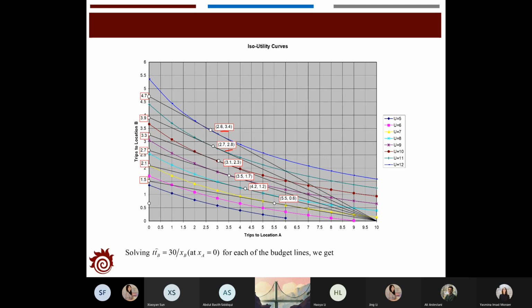With that, we can quickly find the value of TTB with this equation, 30 divided by XB, at the point XA equal to 0, which would be all these intercepts. So we quickly find the value of TTB, and then we know the value of the travel time from A to B for each budget line.